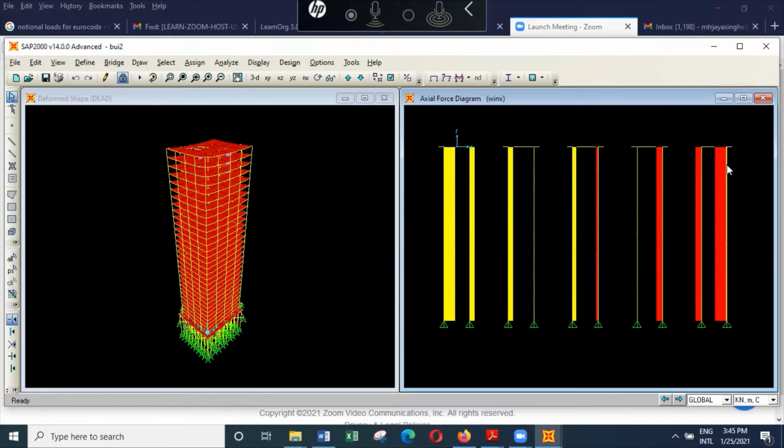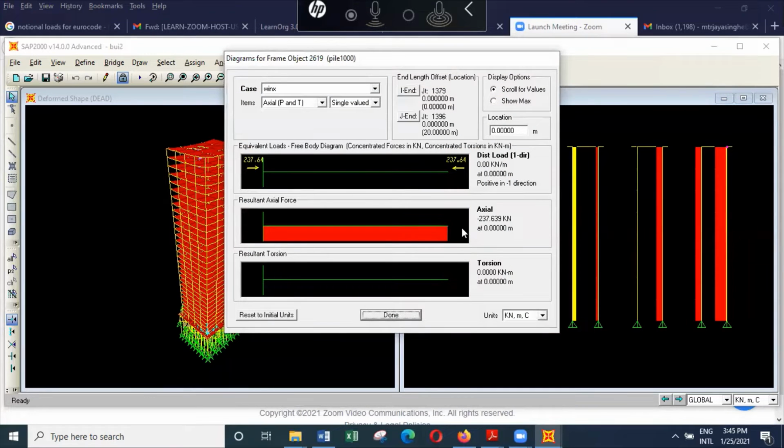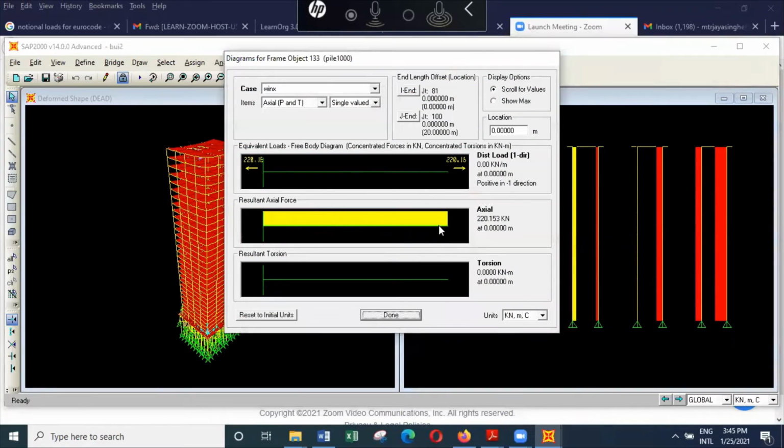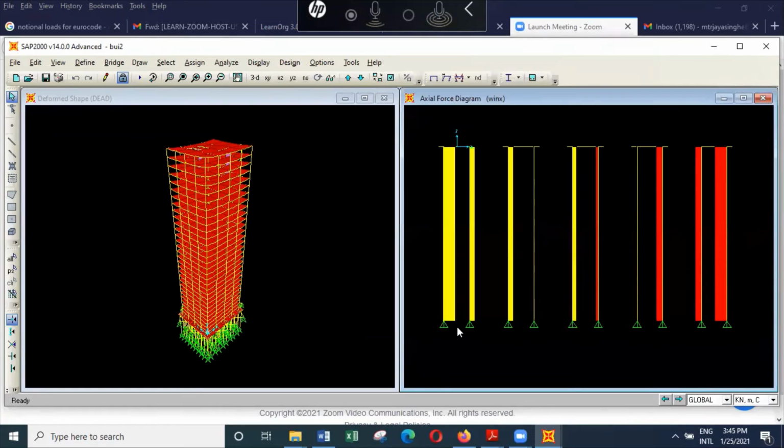And here you can see this side piles are in compression, this side piles are in tension. So the wind is taken as a load acting on the full structure, and it considers that the structure is behaving as a cantilever.